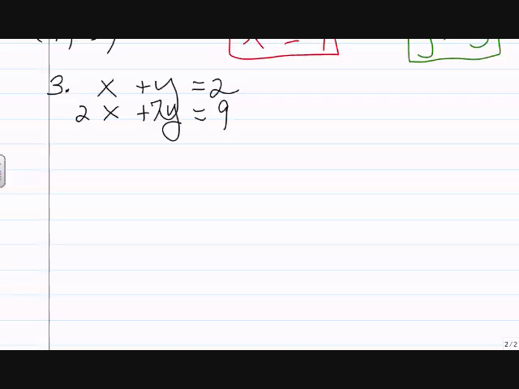All right. I want this first x to be -2, the opposite of the 2 on the bottom equation. So I'm going to multiply that by -2. See if you can rewrite that first equation, multiplying every term in that equation by -2.